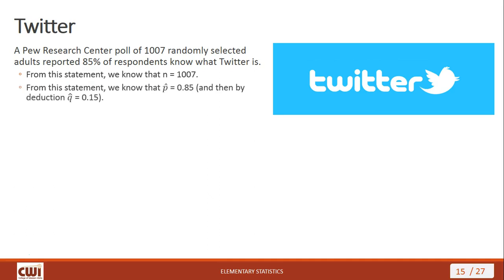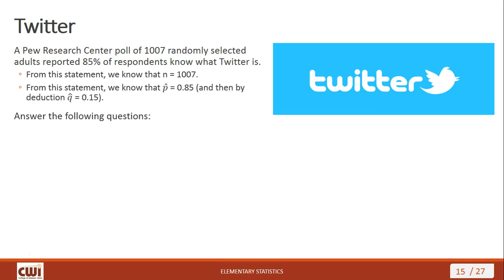We also know that the point estimate, our sample proportion p hat, is 85%, or 0.85. By deduction, the complement of p hat, which is q hat, is then 0.15. We just take 0.85 and subtract it from 1. That gives us the complement, which is 0.15.